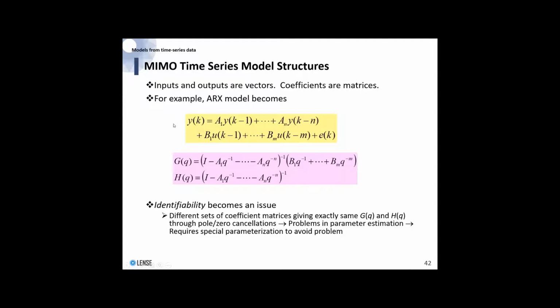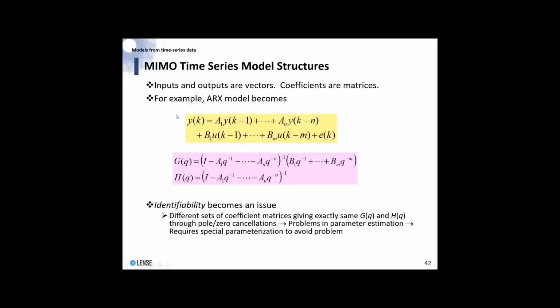So let's say you have two Y's. You can create a model for y1, and you can create an independent model for y2. So you can create two models, one for each output. That's called the multi-input single-output model, or single output model. That's what people usually end up fitting. Why?